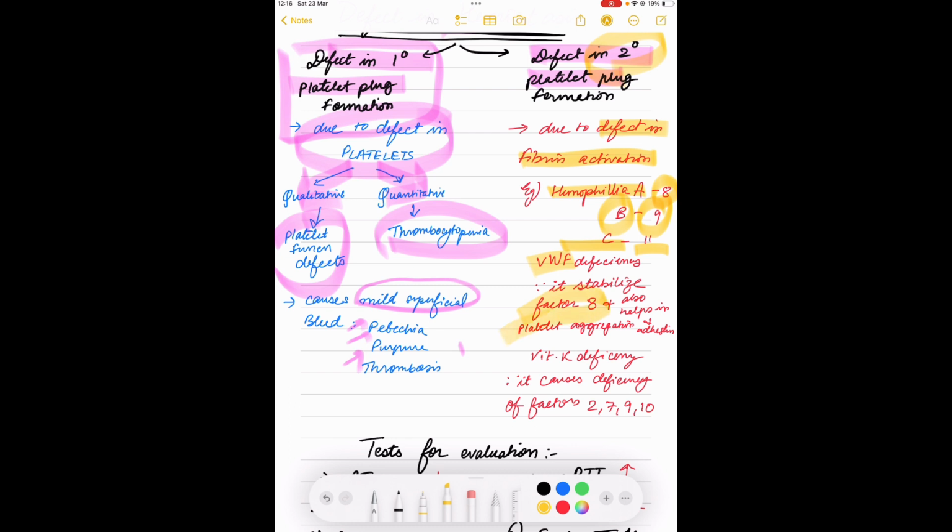So any deficiency in the von Willebrand factor will also cause similar manifestations to that of hemophilia A. And just for information, clotting factors such as 2, 7, 9 and 10 are dependent on vitamin K for their synthesis. So any vitamin K deficiency can also lead to hemorrhagic manifestations.